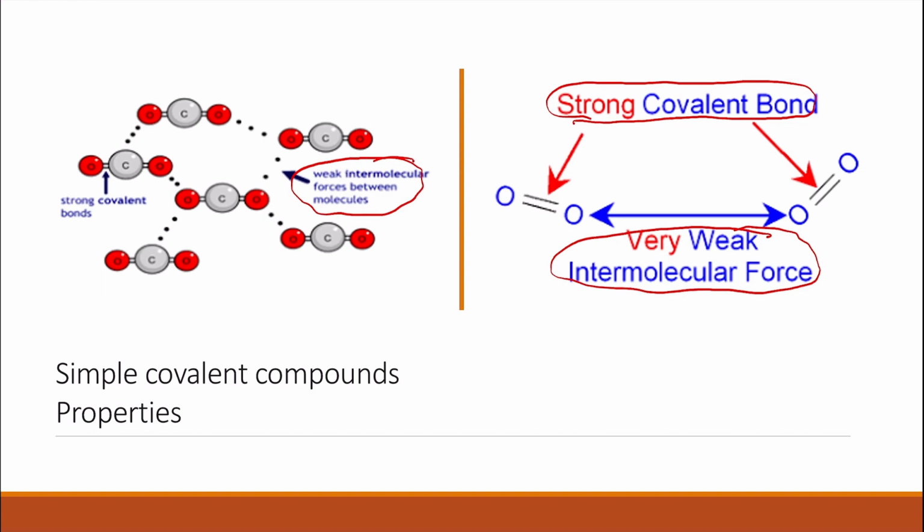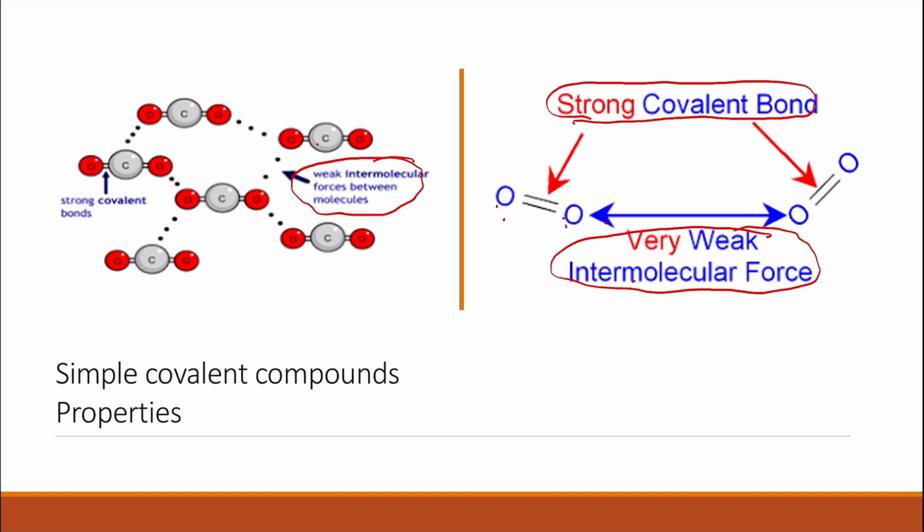We can see here in the example on the right, we have two oxygen molecules with a strong covalent bond between the atoms of each molecule, symbol covalent bond, but the forces of attraction between the molecules are very weak. So very weak intermolecular forces.